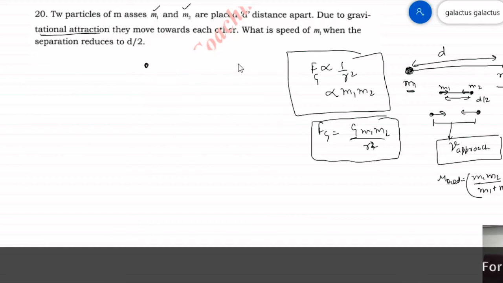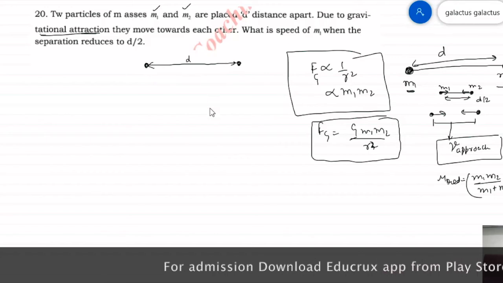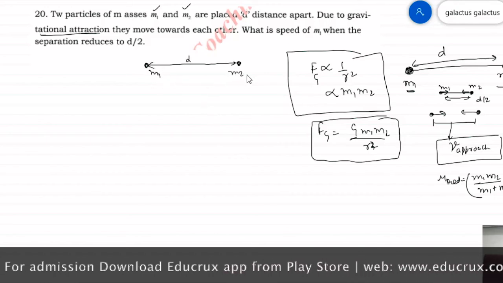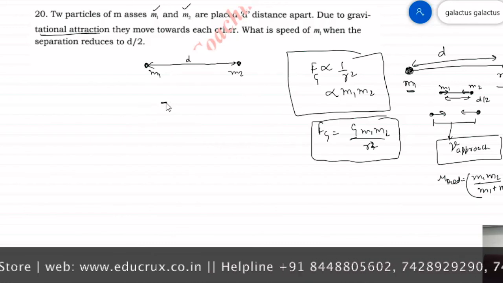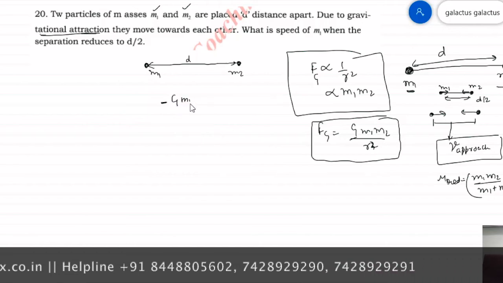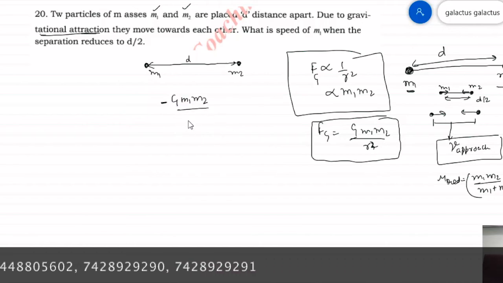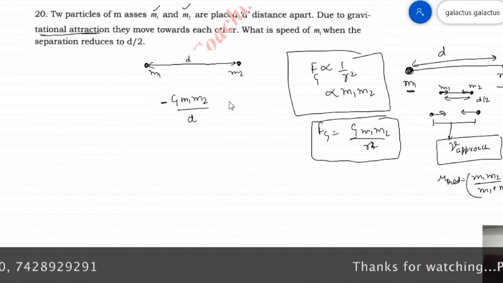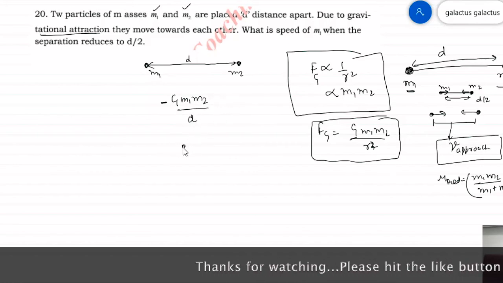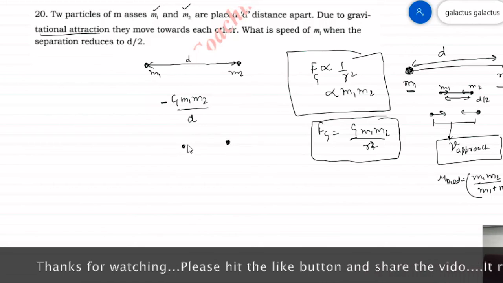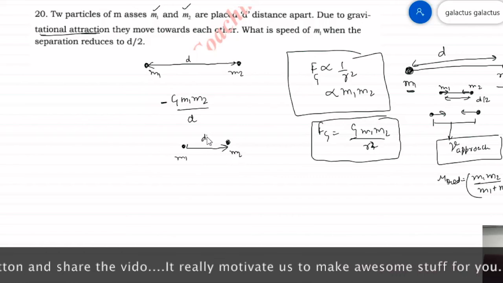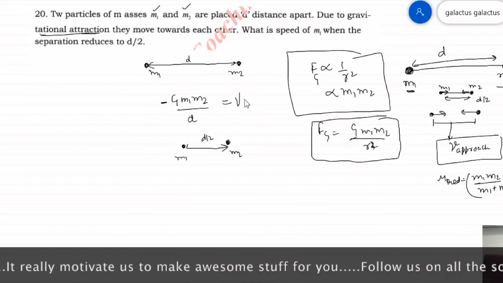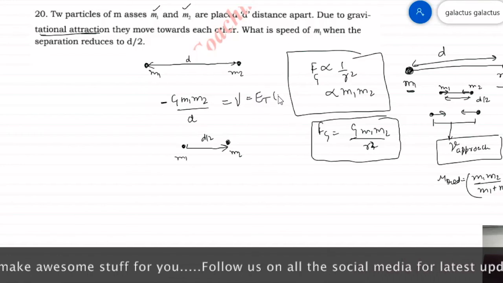Let us first say I have two particles m1 and m2 that are d distance apart, then the potential energy of the system is given by minus G m1 into m2 by d, and this is also equal to the total initial energy.